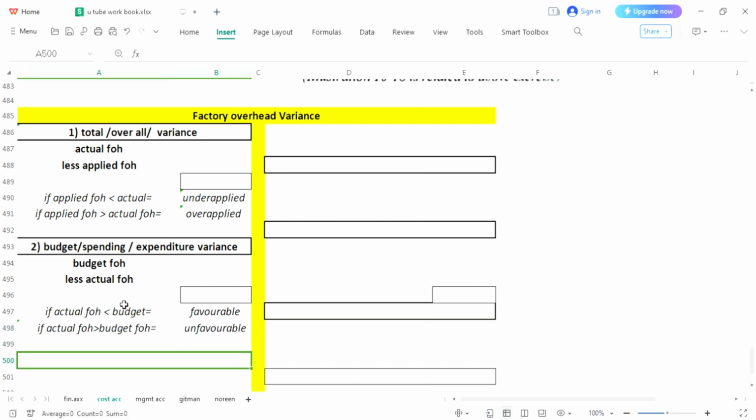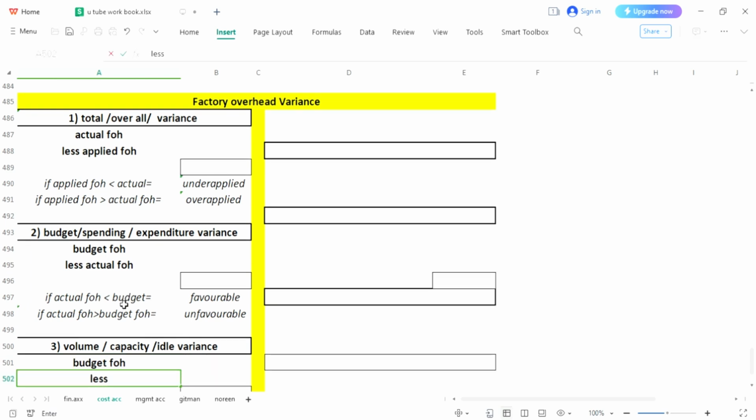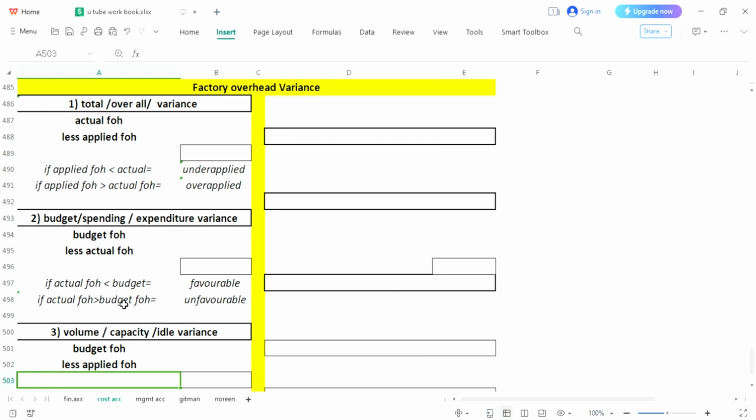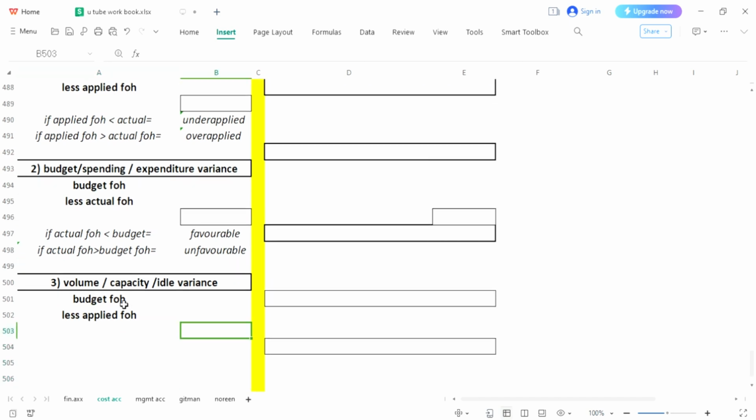Then we will calculate our third variance, which is the volume variance or capacity variance, which is the relationship between budget FOH and applied FOH. So you will write budget FOH and then applied FOH, after which you will calculate the variance over here. The variance would be the difference between budget FOH and applied FOH. Next, you will conclude by focusing upon budget.